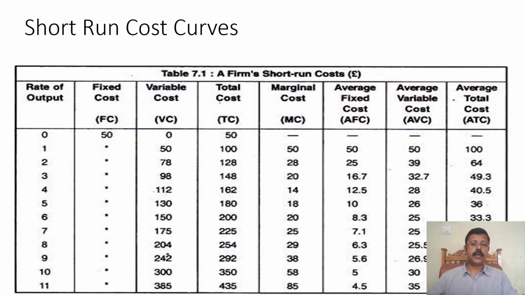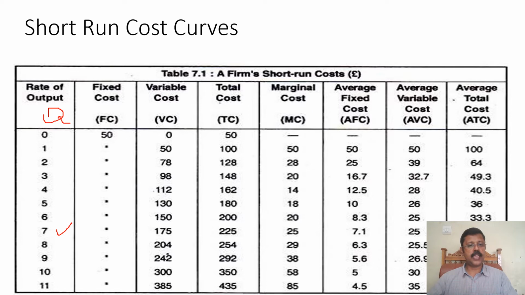Now, short-run cost curves. Right now, here we are going to learn the behavior of various cost curves. And to draw the curve, first we need a table, we need data, right? Now, output, rate of output 1, 2, 3, 4, 5, 6, 7, 8, 11. So this column gives you the output. And fixed cost. So this is nothing but the quantity, right? And this is fixed cost.